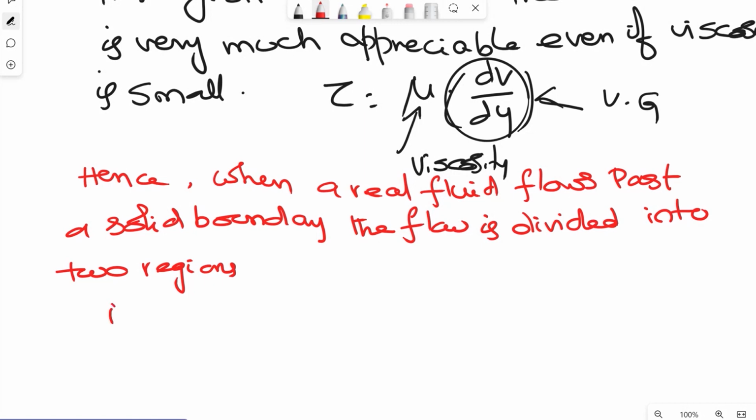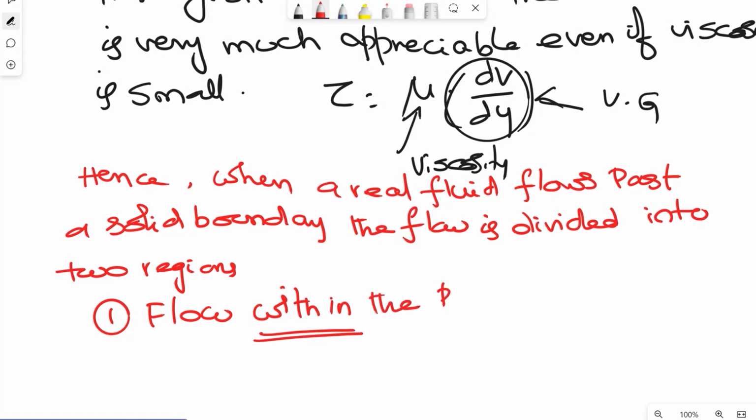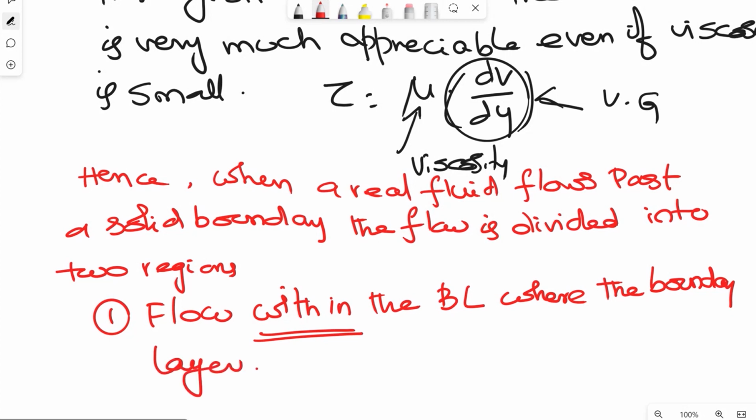What are they? Number one, flow within the boundary layer, where the boundary layer effects are considered.